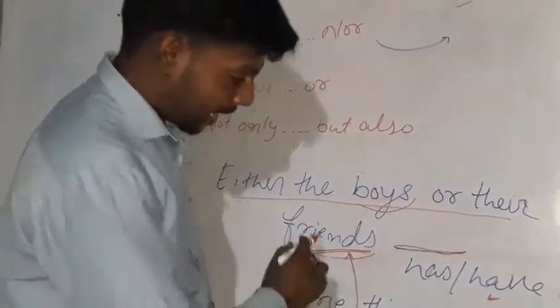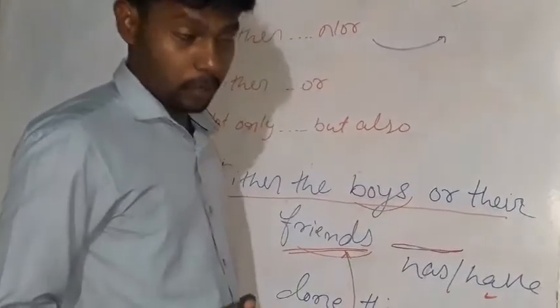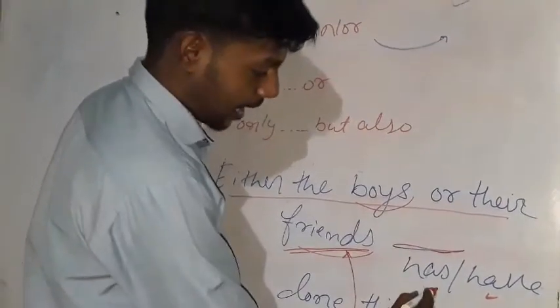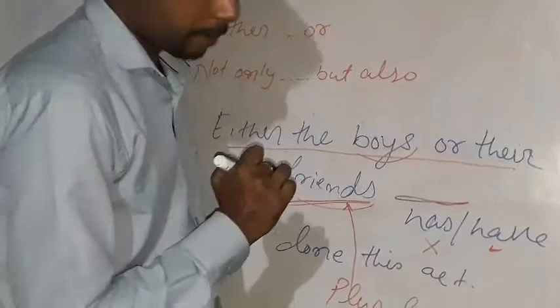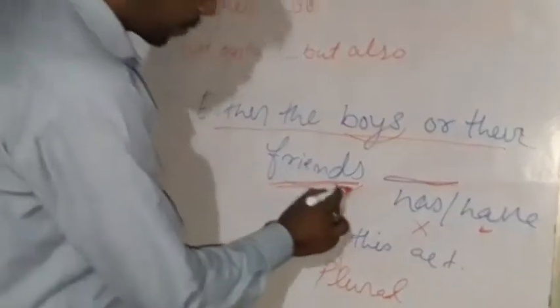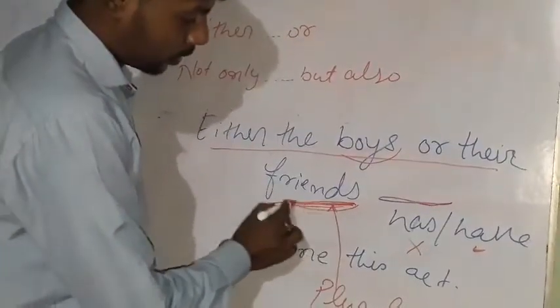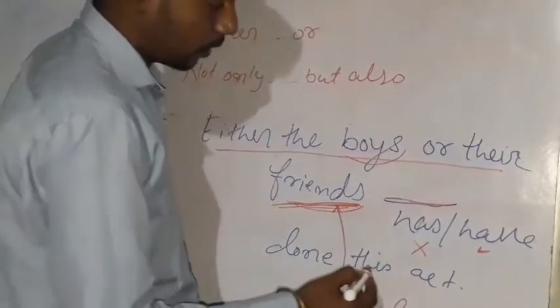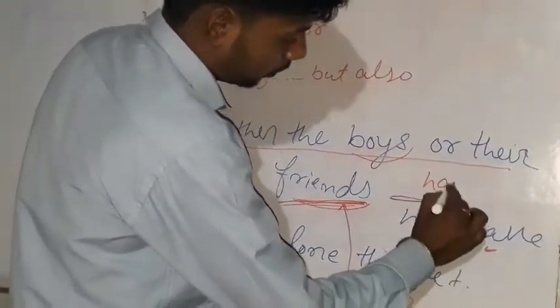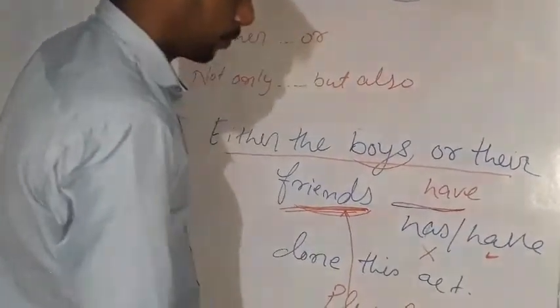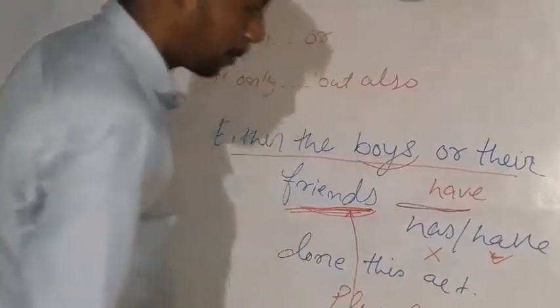So it agrees with a plural verb only. If you use has, it will be wrong. So don't use has when this noun is plural. Choose have. Have is the correct answer. Okay.